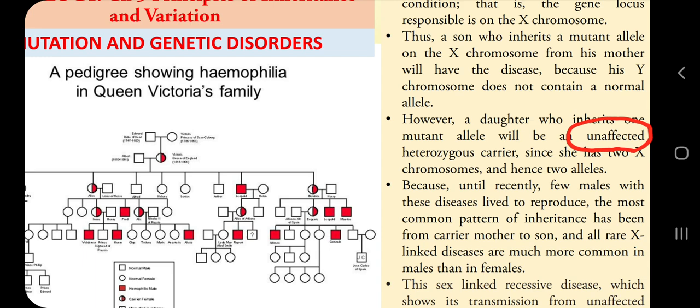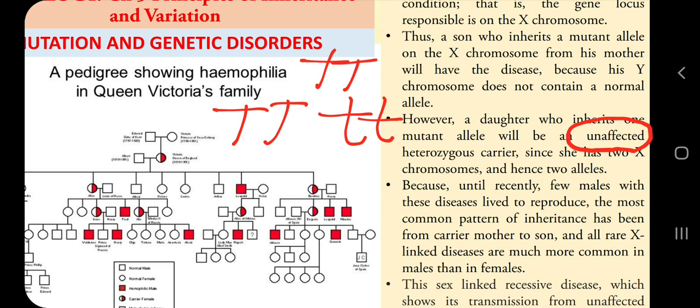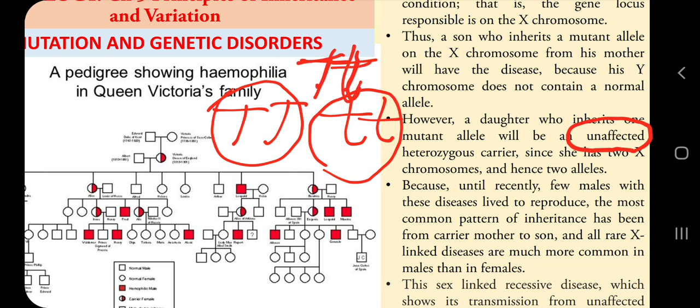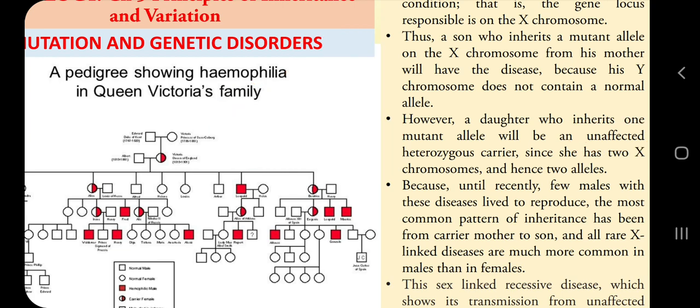If you remember the example of capital T and small t, in case of capital T capital T you will see tall phenotype, in case of small t small t you will see dwarf phenotype, and in case of capital T small t you will observe only tall phenotype because tallness was dominant and dwarfness was recessive. So in the same way here hemophilia is recessive, so you will see hemophilia when any female carries both genes for hemophilia, because we males cannot have both genes for hemophilia as we have only one X chromosome.